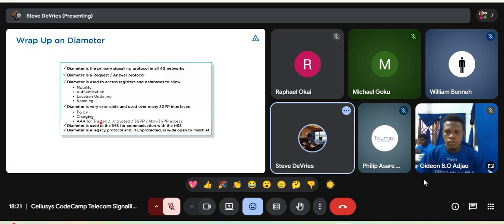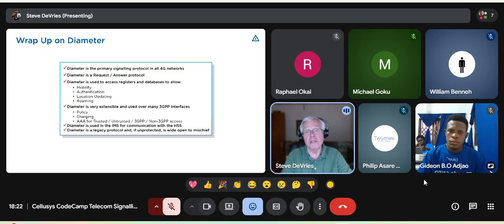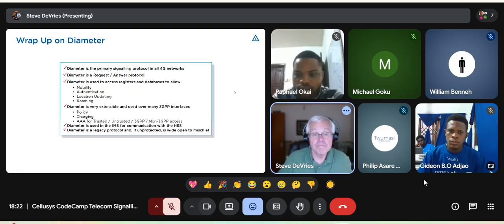There might be a trusted network, there might be untrusted, there might be 3GPP, non-3GPP. There are different types of access. Non-3GPP might be a Wi-Fi access or a LAN access or something like that. It's used for the IP multimedia subsystem to communicate with the home subscriber server, and again, it's a legacy protocol. If unprotected, it is wide open to mischief, or at least potentially can be wide open to mischief.